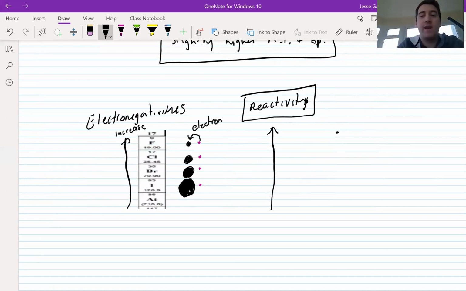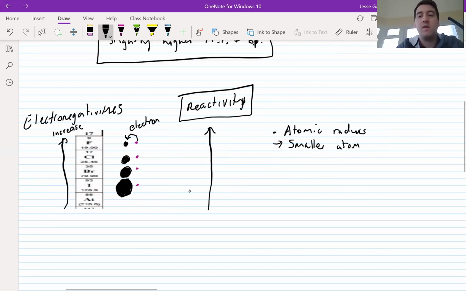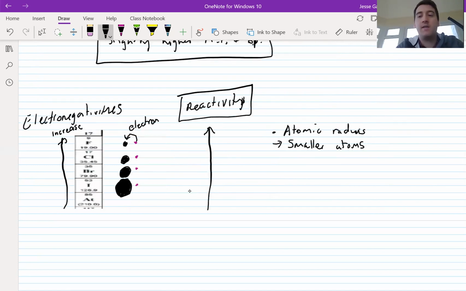We say atomic radius is one factor. Atomic radius. Okay, so we say smaller atoms can get closer to valence electrons of other atoms.